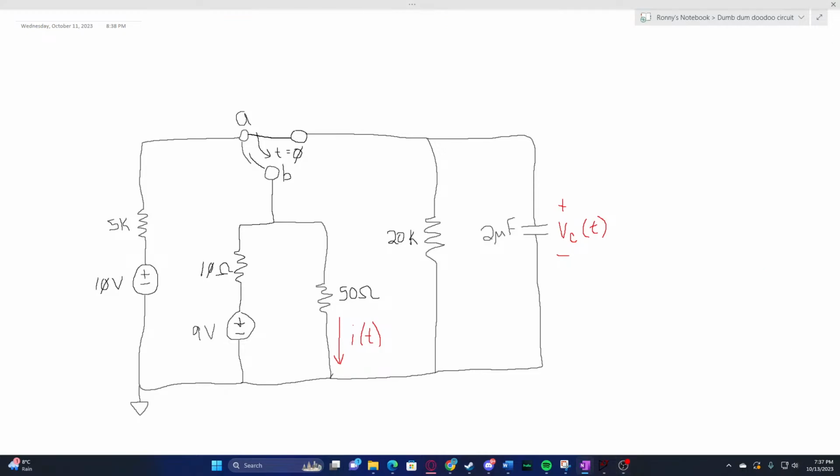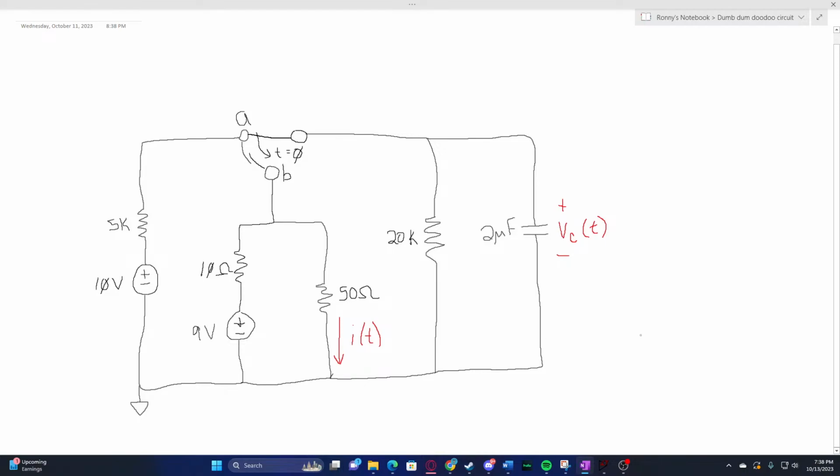Here's the idea. So, again, this circuit, I've got to find an expression for the voltage over the capacitor for all values of t, and the current through this 50 ohm resistor for all values of t. And the biggest thing is trying to Thevenize this.